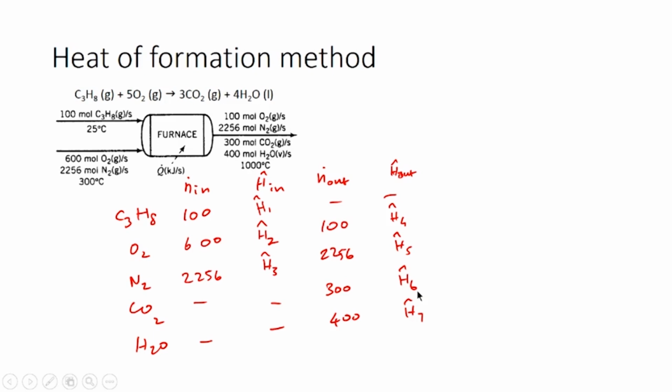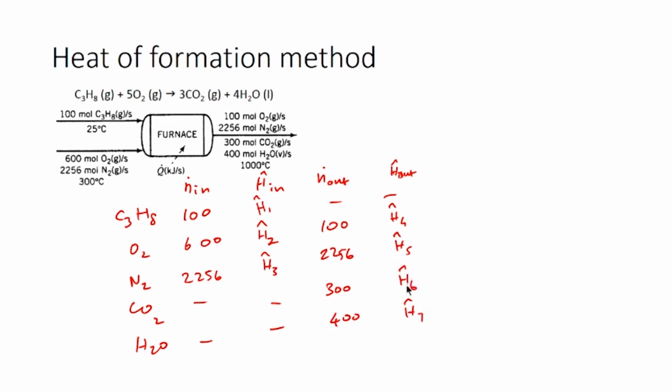Now all these are going to have different components. H1 cap is going to be only the heat of formation, where carbon and hydrogen react to form propane, whereas H2, H3, H4 and H5 are going to have only heating of these components from 25 degrees Celsius, which is the reference state, to either 300 degrees Celsius, which is the inlet condition, or 1000 degrees Celsius, which is the outlet condition.